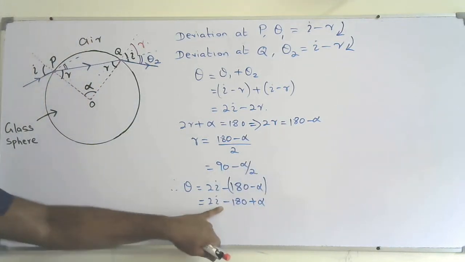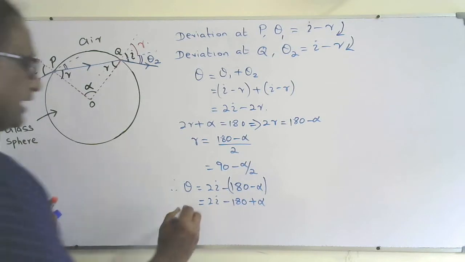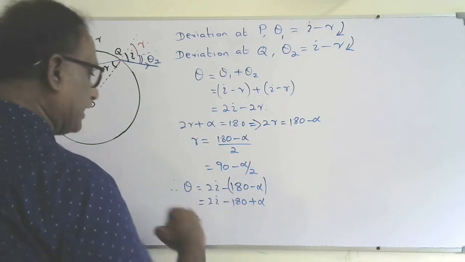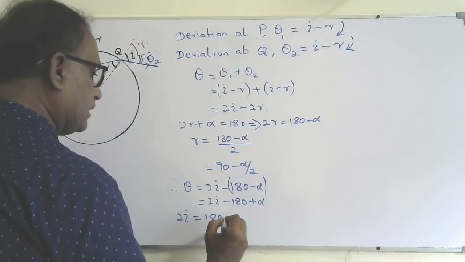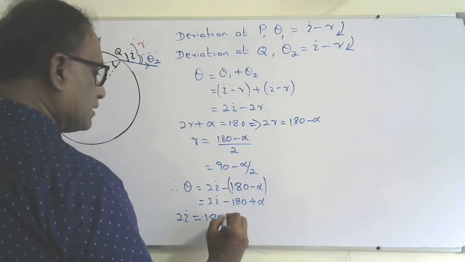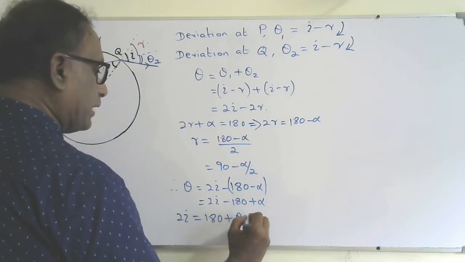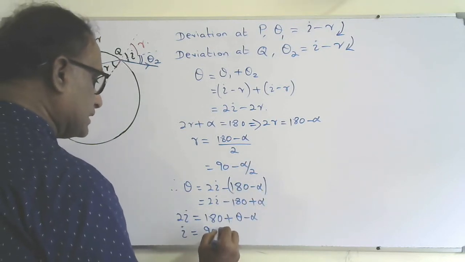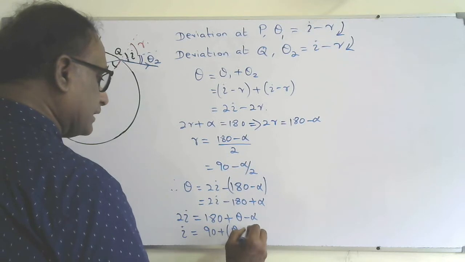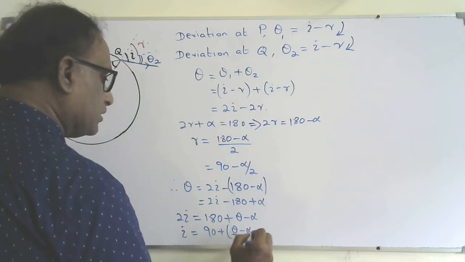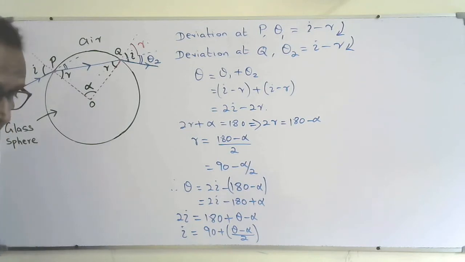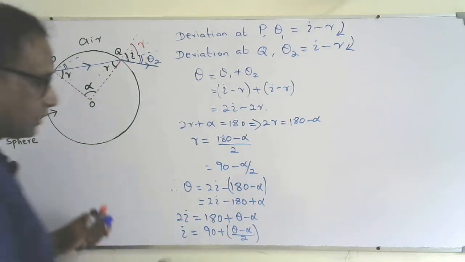From that, make I the subject. 2I is equal to, take to the left, 180 plus theta minus alpha. So I is equal to 90 plus (theta minus alpha) by 2. Or I can say 90 minus (alpha minus theta) by 2.